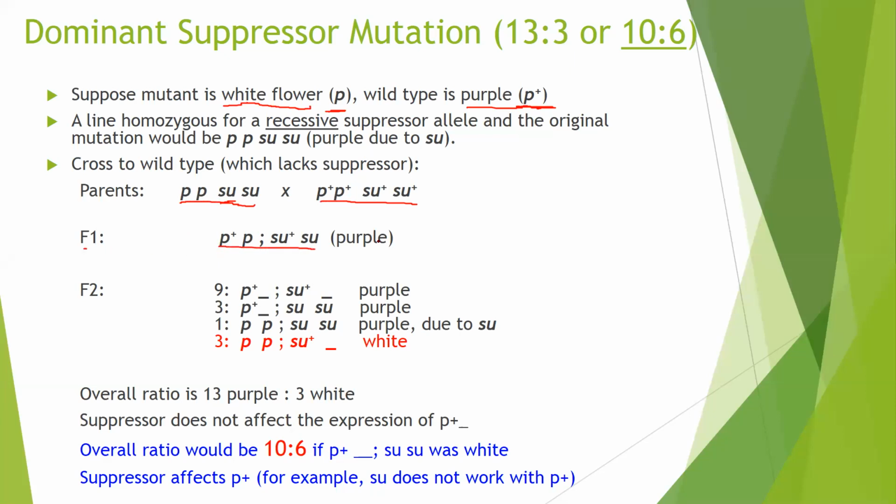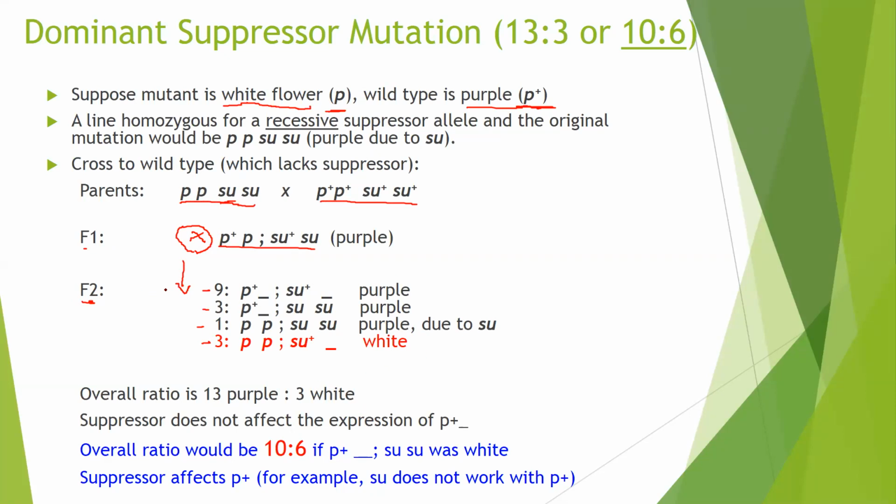Then if we do the intercross for the F1 generation, we produce the F2 population, and classically we get the 9:3:3:1 ratio.